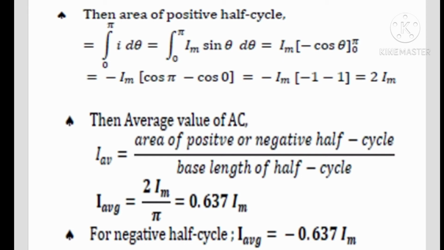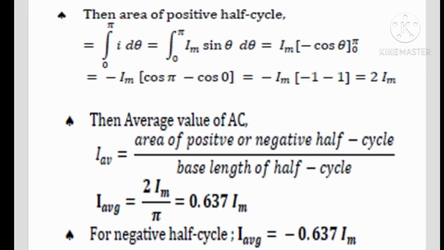Then we apply the upper limit minus the lower limit, which becomes minus Im into cos pi minus cos 0, where cos pi is equal to minus 1 and cos 0 is equal to 1. After applying that, we get minus Im into minus 1 minus 1, which is equal to 2 Im.